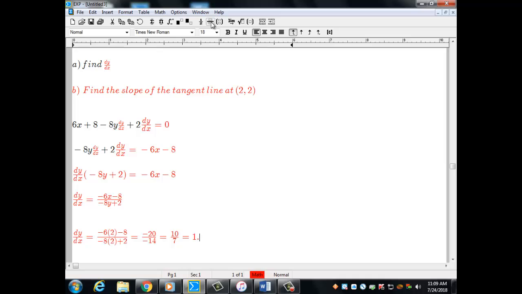Which is equal to 1.4285. That's pretty precise. I have no idea what that is, I was just putting down decimals. That's probably close.